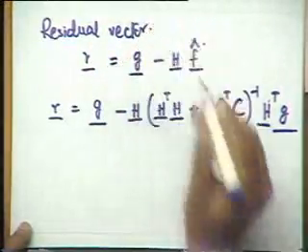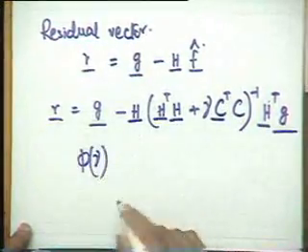Now this residual vector is a function of what? It is very much a function of gamma. So let us define a function of gamma, which we call phi.